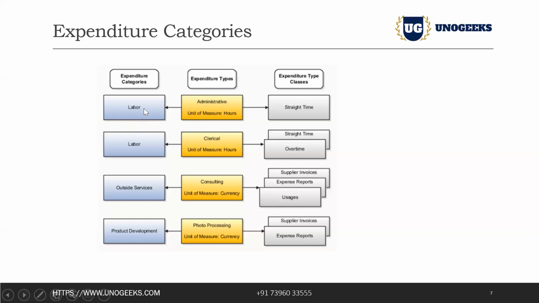And these are the categories which will say what is my generalized category of my expense. Under that, what will be the type of that expenditure category? If it is labor, then what kind of labor it is, whether it is clerical, whether it is administration. Then how you will be incurring the expense, how you will create a transaction, will be decided on the expenditure type class.